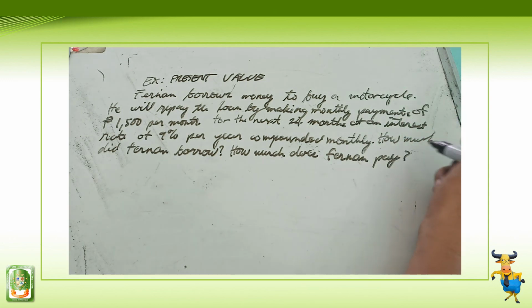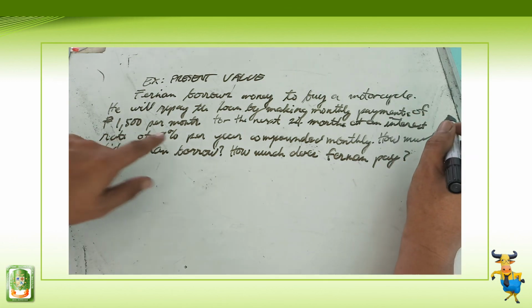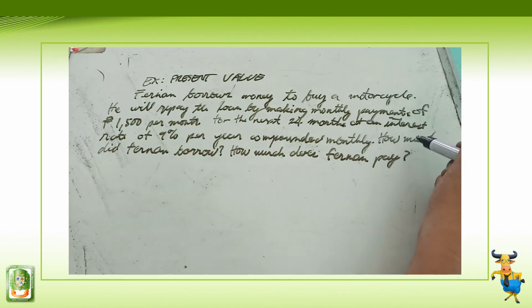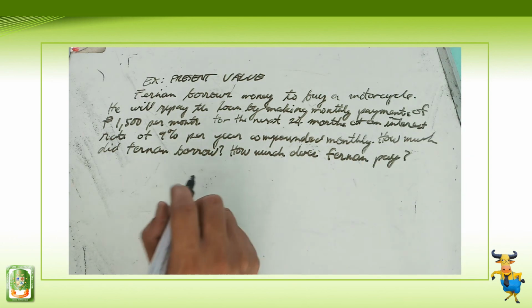Yan. So Fernan borrows money to buy a motorcycle. He will repay a loan by making monthly payments of 1,500 per month for the next 24 months at an interest rate of 9% per year compounded monthly. How much did Fernan borrow and how much does Fernan pay?